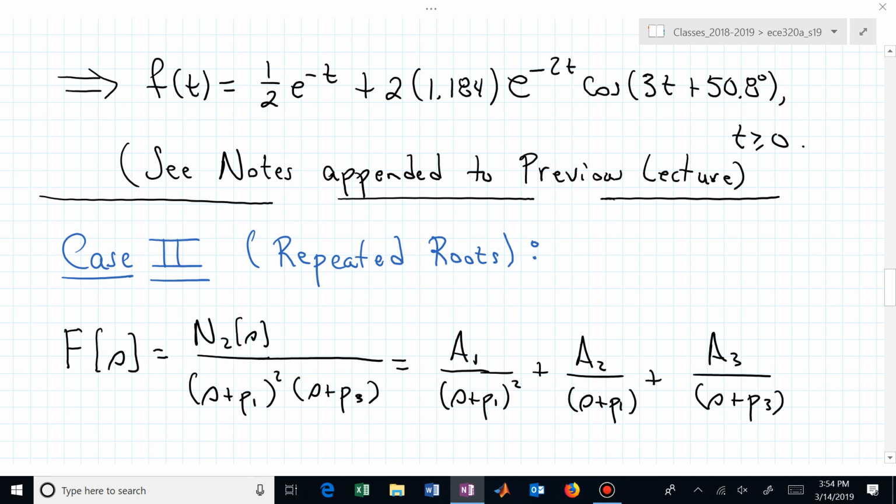Here it's just 2, and then I go, okay, I need another one, a sub 2 over s plus p1. Oh, I'm done. I can now go on to the other factors, which in this case is just one more factor, s plus p sub 3. It's third order, and I have 3 terms in my partial fraction expansion. I now need to find a1, a2, and a sub 3. a1 and a3 we can find like we did before for distinct poles. A sub 2, that's where we end up with trouble.